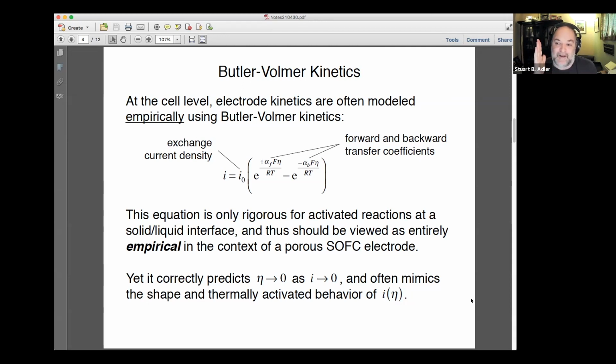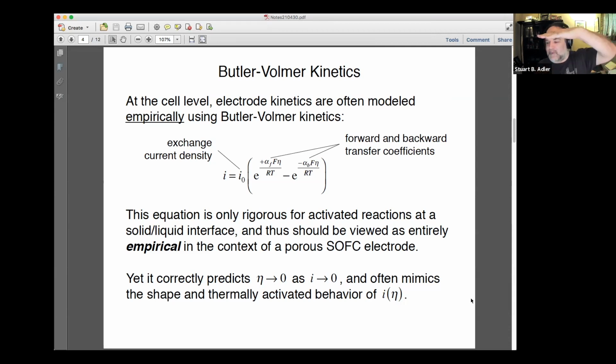If I have an oxidation reduction process going on, like hydrogen oxidation at a SOFC anode, under polarization, H2 plus O2- is going to go to water. But when the current density is 0, that process actually still happens. It's just that the equal and opposite process of H2O splitting apart into H2 and O2- is happening at the same time at an equal rate.